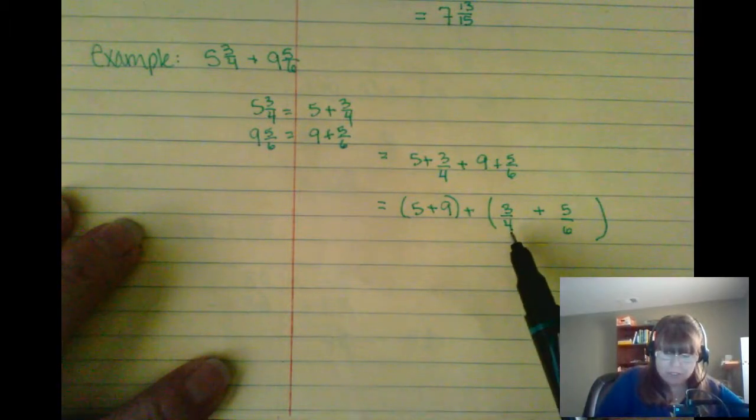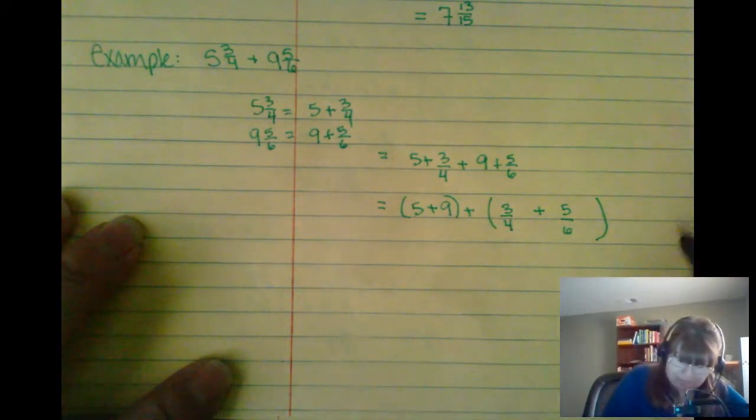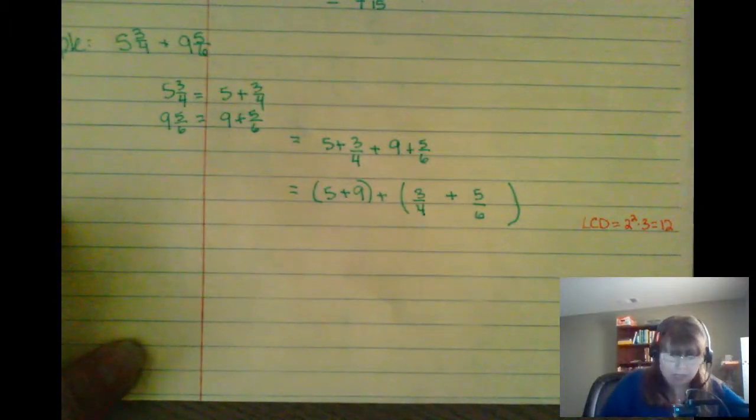4 is 2 times 2. 6 is 2 times 3. So my LCD is going to equal 2 squared times 3, and that equals 12. Okay.